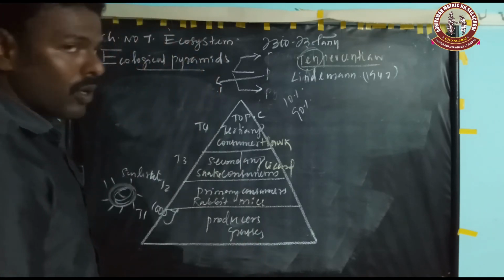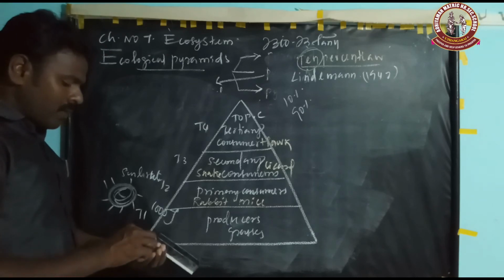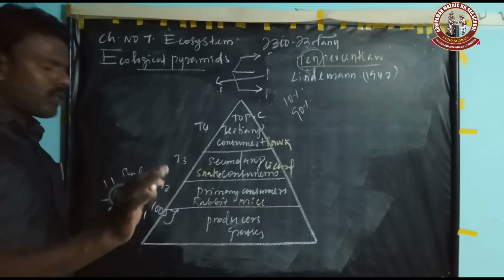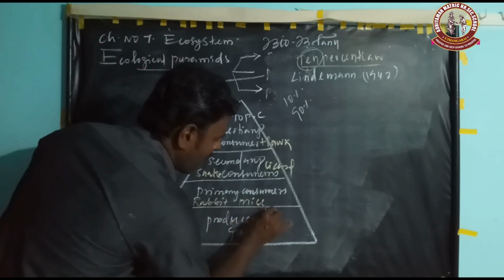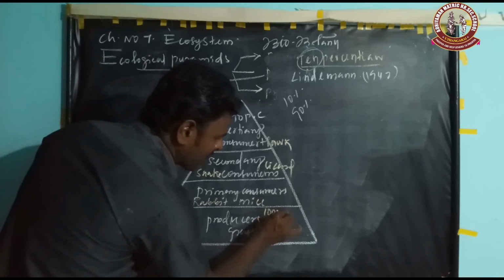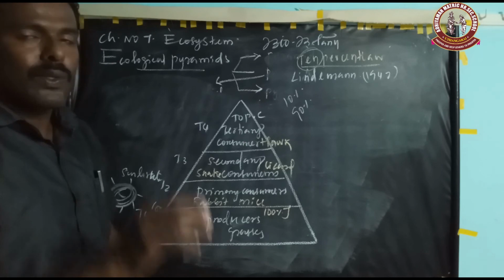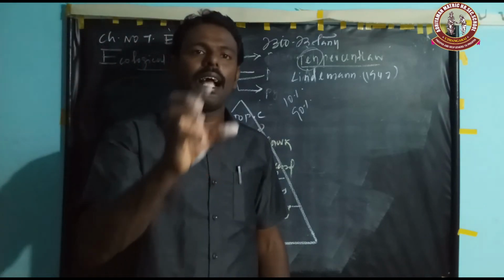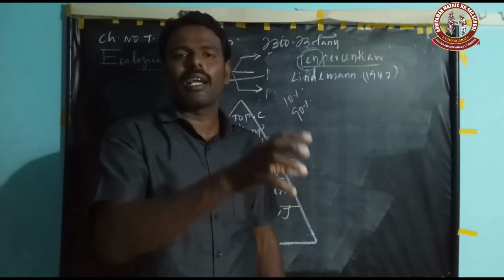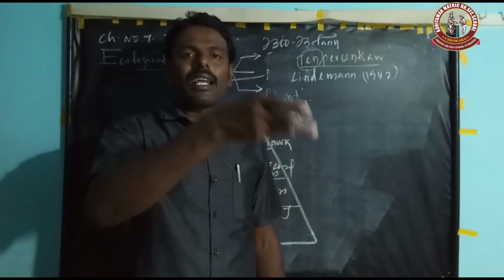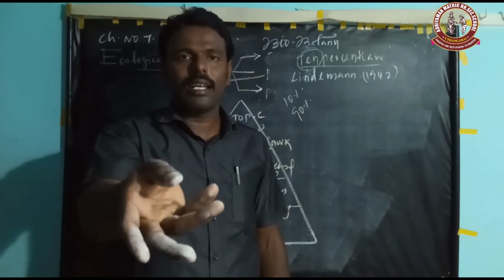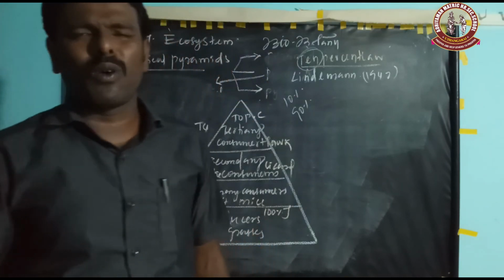So out of the 1000 joules, the plants only absorb about 10%, I mean 100 joules. So this solar energy is only absorbed by the green plant or autotrophic plant and converted into chemical energy. This process is photosynthesis.